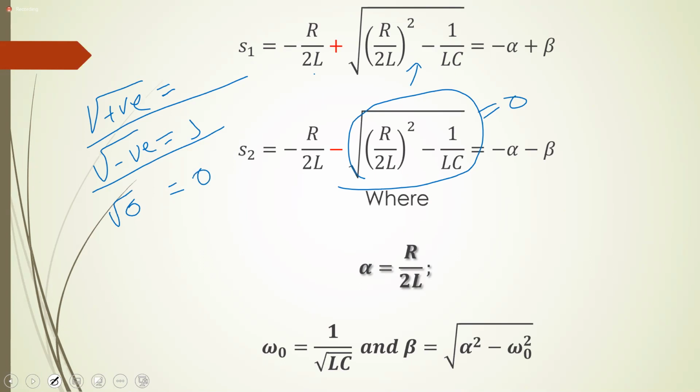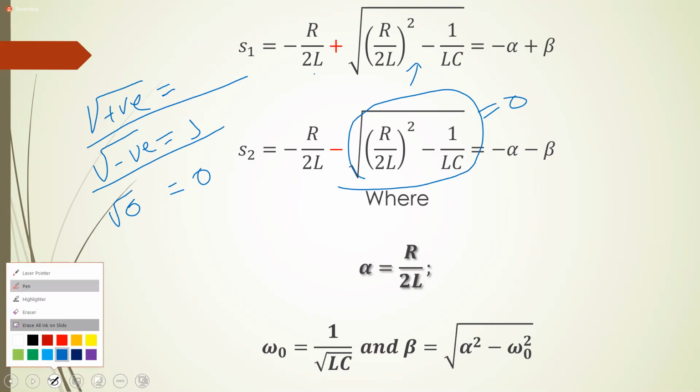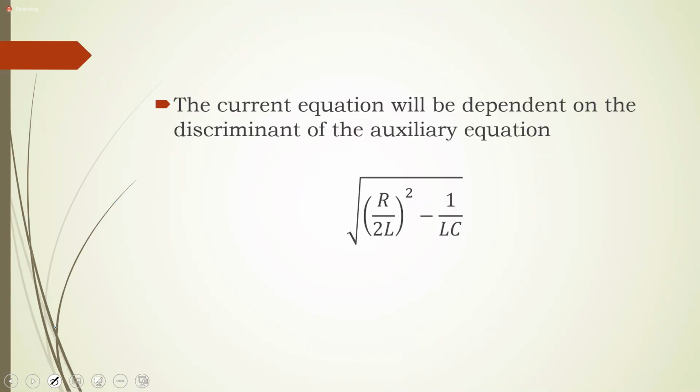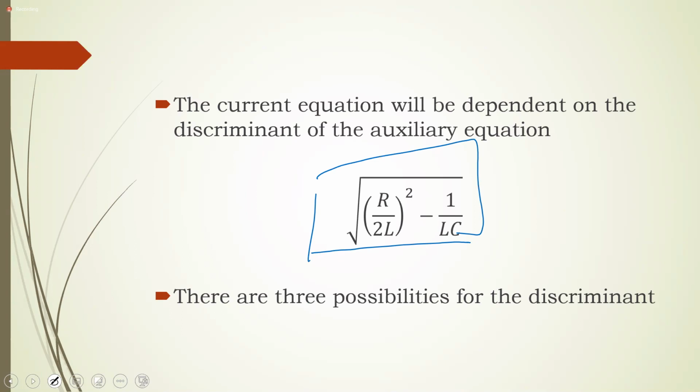So in essence, the final current will be dependent on the discriminant of the auxiliary equation. We're going to look at the three possibilities, those that I just outlined.